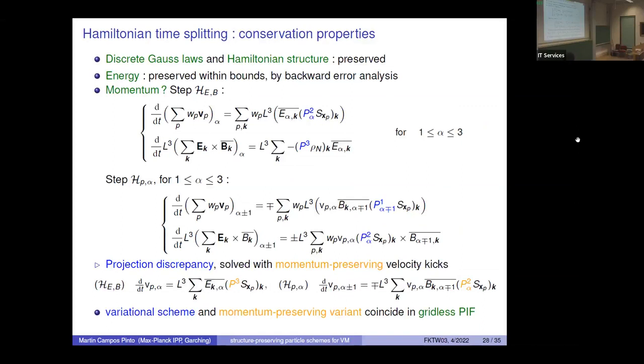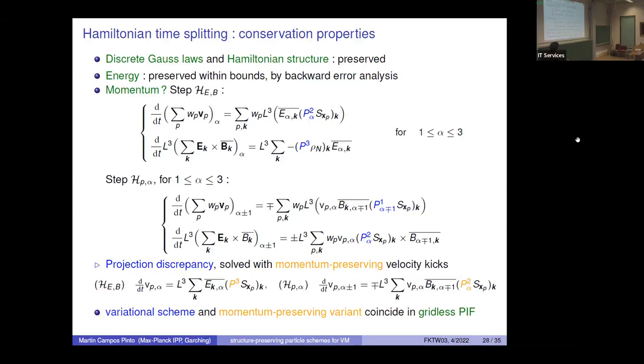Again, you can check the preservation of the different invariants at the fully discrete level. So at the fully discrete level, the Gauss laws are exactly preserved. And the energy is not exactly preserved with Hamiltonian splitting techniques, but it is preserved within bounds, and it depends on the time step.